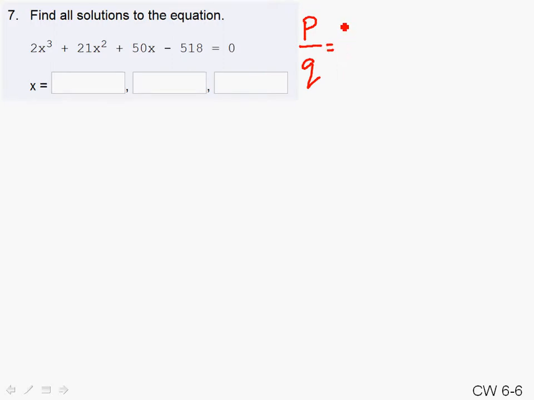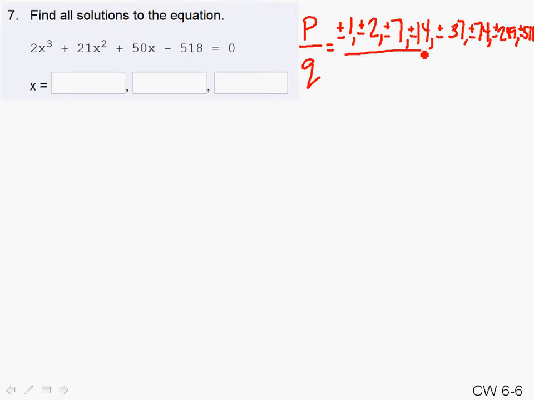Our possible factors for 518 are positive and negative 1, positive and negative 2, positive and negative 7, positive and negative 14, positive and negative 37, positive and negative 74, positive and negative 259, and positive and negative 518.